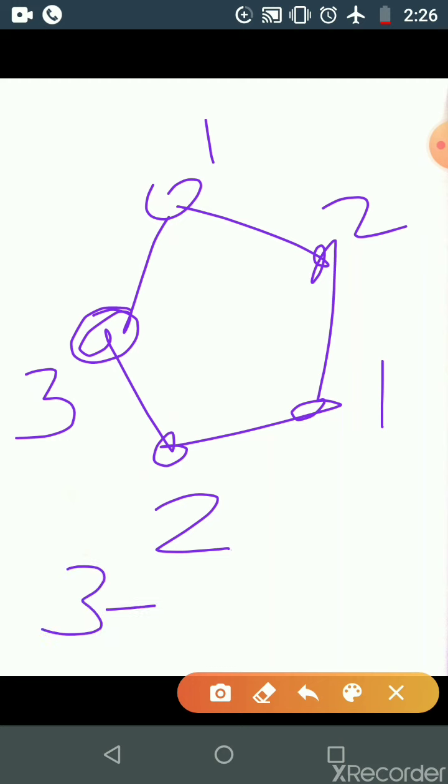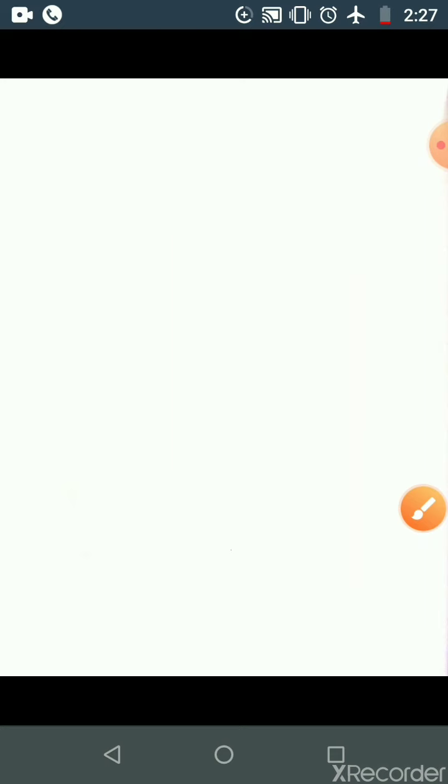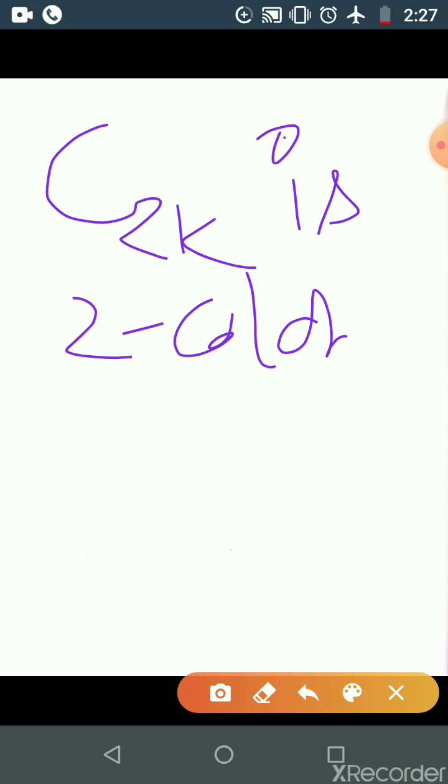So C5 is 3 colorable, C3 is also 3 colorable, and likewise C7 will be 3 colorable, okay? And C4 is 2 colorable, likewise C6 will be 2 colorable. So for even cycle you can say C2k is 2 colorable, 3 colorable, 4 colorable and so on up to 2k colorable, okay?